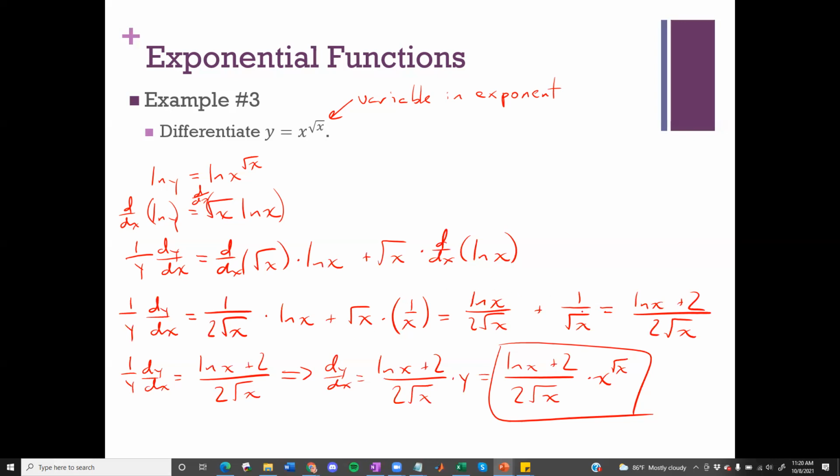So that's just me finding a common denominator. So, anybody else? Any other questions on this thing? All right. That is all for this one.